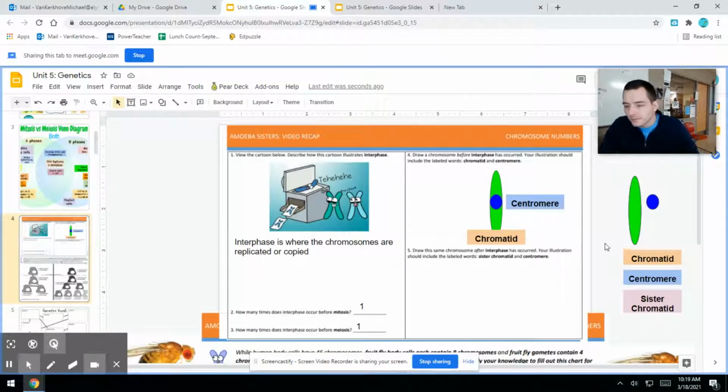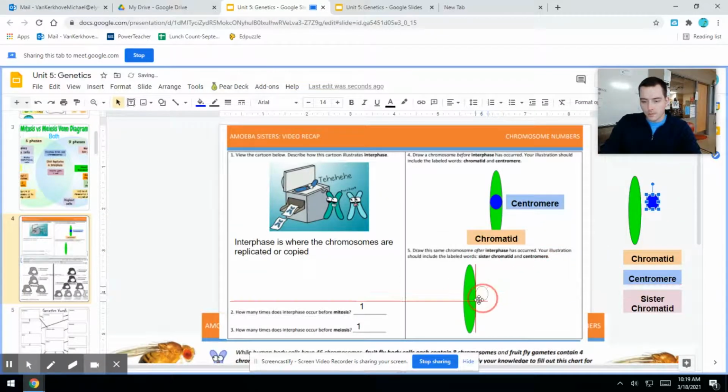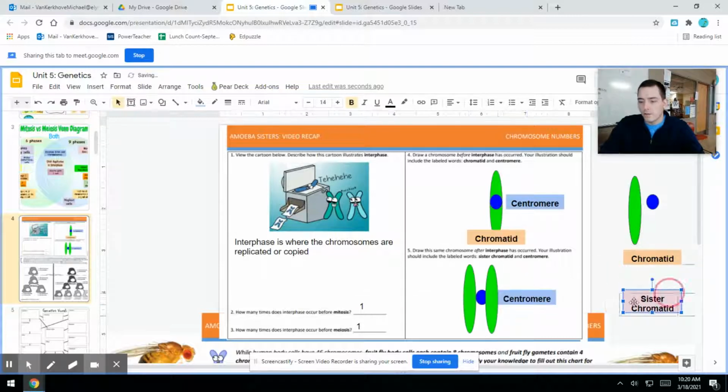And now, after interphase, here's my chromosome, my centromere, and the chromosome has copied itself. And it's held together by that centromere. So here's the centromere. And I have 2 sister chromatids.